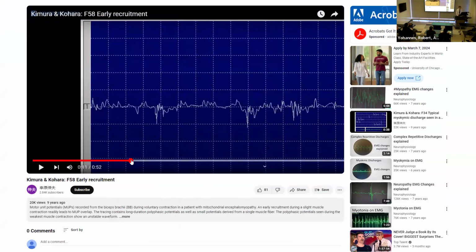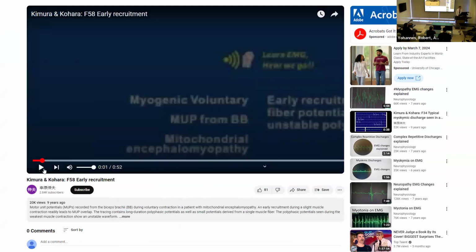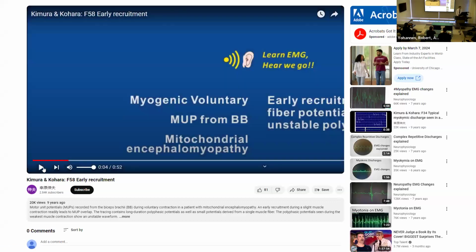So first, notice the sound. It's much fainter because these are small units, because they lost members in the family. And notice how immediately the baseline is disrupted, okay? Even at the very beginning when we ask the patient to do very little force.